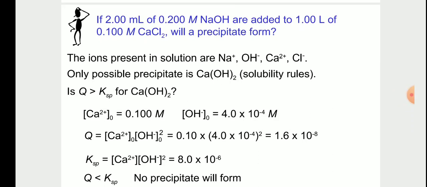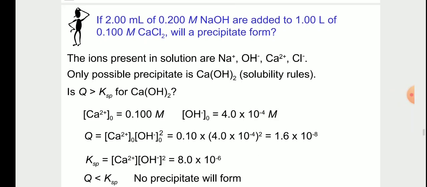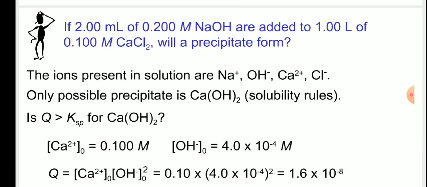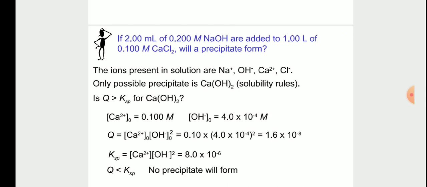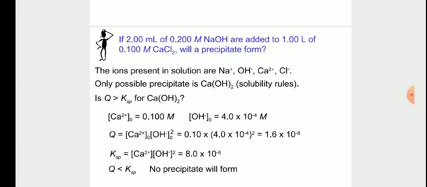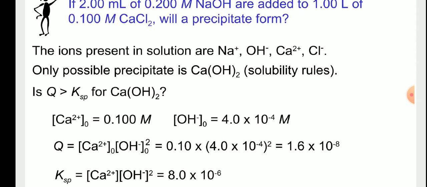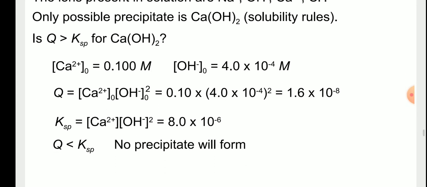Again, please try to understand. That is a concentration expressed in molarity, so you are not misguided. It is 0.2 molar NaOH, but 2 ml is added to 1 liter of solution. So ultimately the concentration of the OH minus decreases. In molarity it is 4.0 into 10 to the power minus 4 molar.